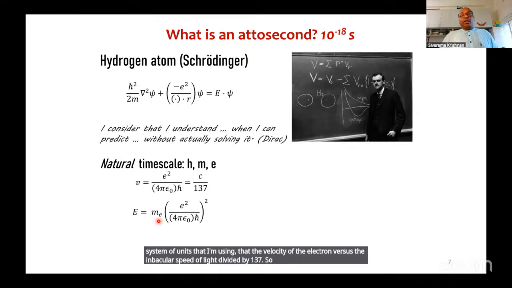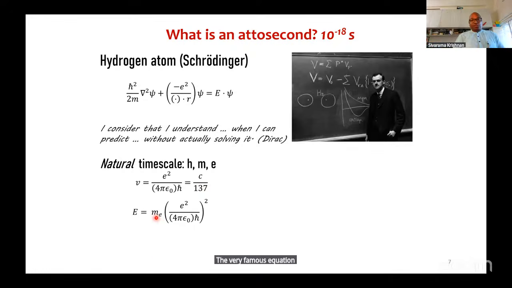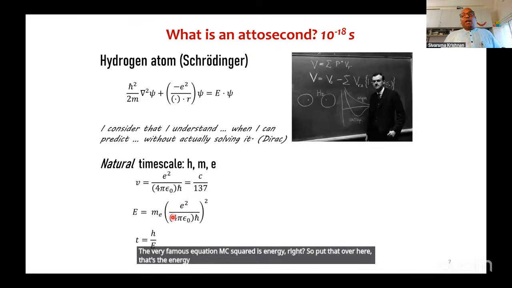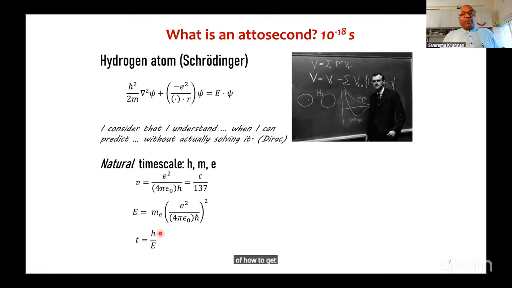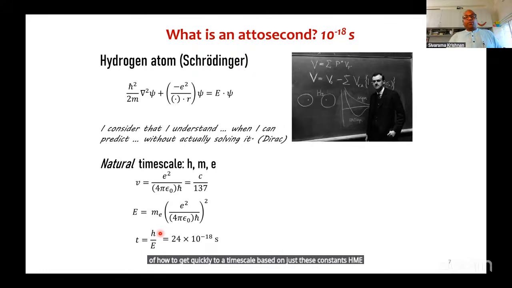So I can construct an energy by using the very famous equation mc squared is energy. Right, so put that over here. That's the energy of the electron, and I know a relation of the type that E times T, energy times time, is the Planck's constant. So I'm giving you a sort of shortcut of how to get quickly to a time scale based on just these constants h, m, e, and epsilon naught, which I've borrowed.